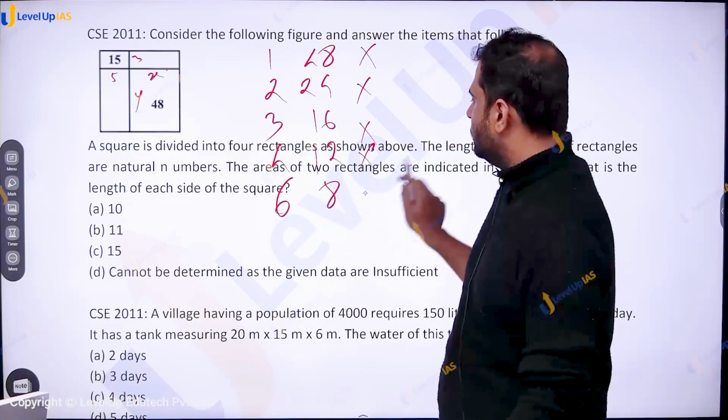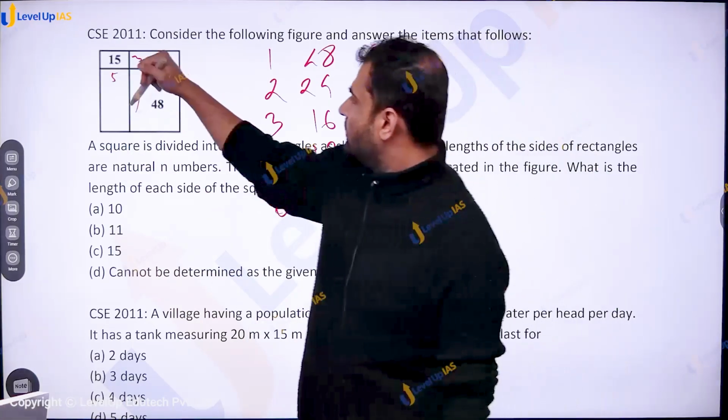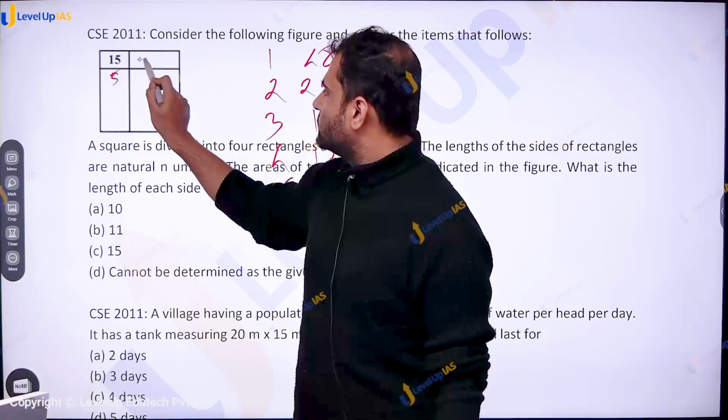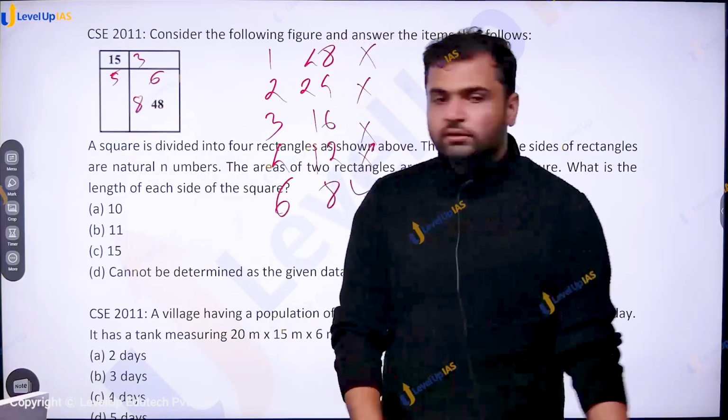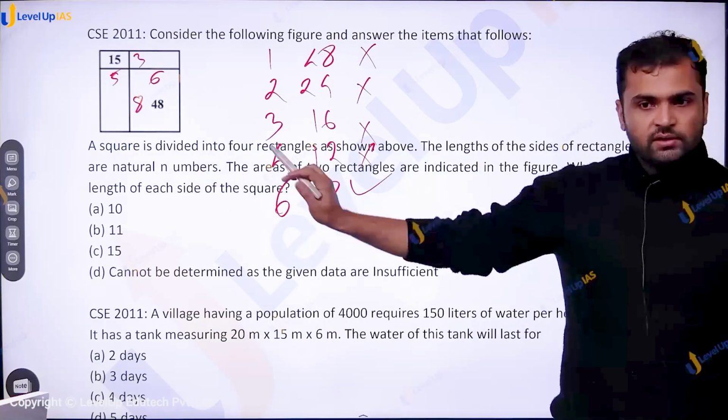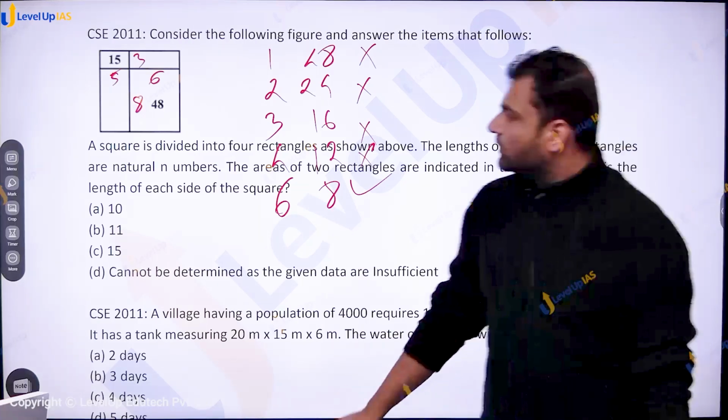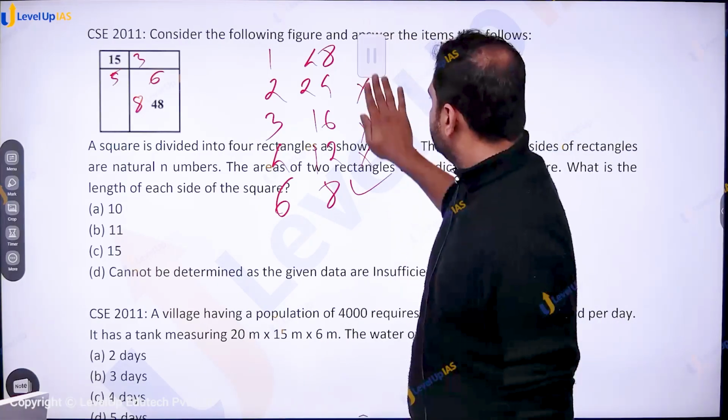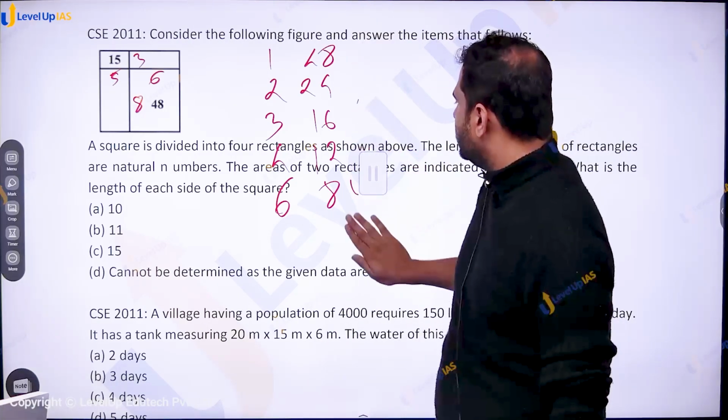So this is one possibility, that this is 5, this is 3, this is 6, this is 8. That is one possibility that satisfies the given condition. Fine. That is case number 1.